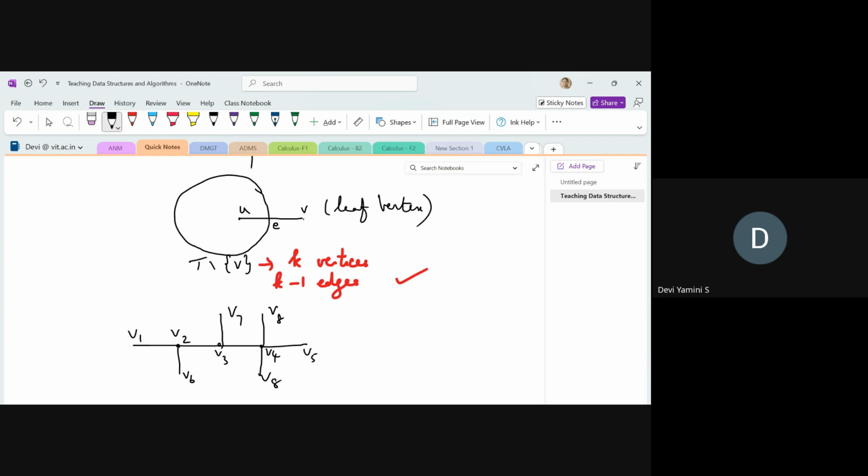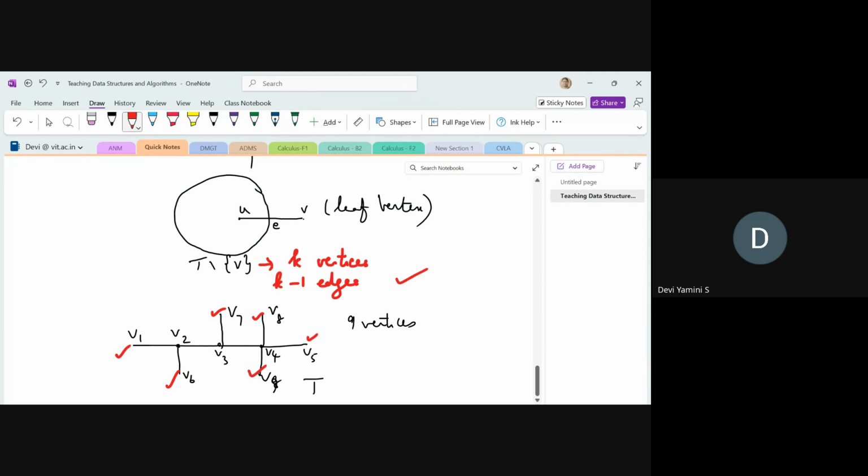These are the vertices in the tree T. How many vertices does it contain? 9 vertices. And I know that for 8 vertices the statement is true. So can you tell me the leaf vertices? How many leaf vertices are there in this graph? 1, 2, 3, 4, 5, 6. 6 leaf vertices are there.